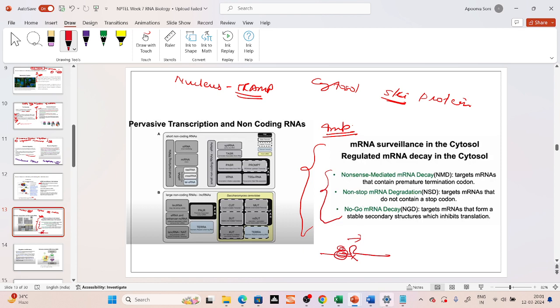Premature termination codons, no stop codon: all three are related to translation and ribosomes, and translation occurs in the cytoplasm. So these kinds of mRNA decay cannot happen in the nucleus. They happen in the cytoplasm only.